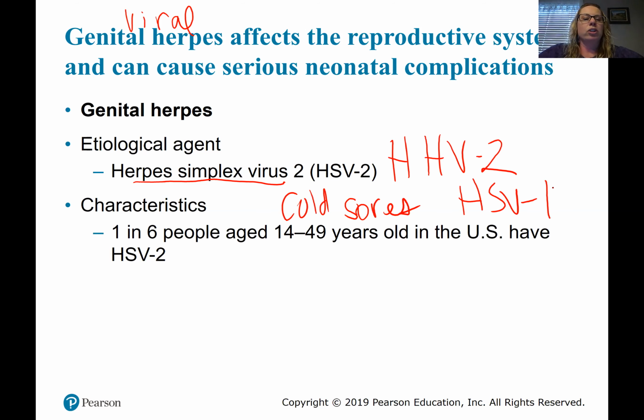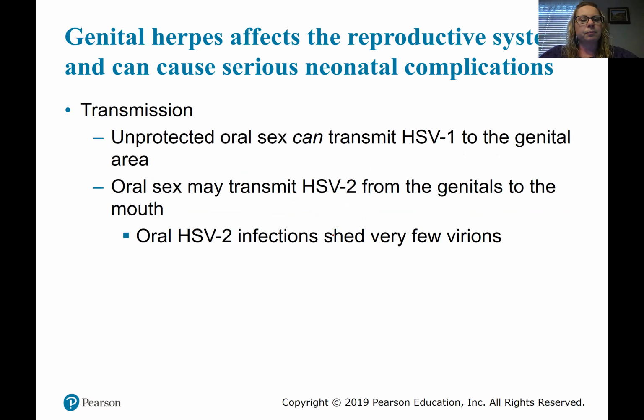So this virus is known to infect about 1 in 6 people of reproductive age in the US, which is a lot, and is transmitted through, obviously, sexual contact.